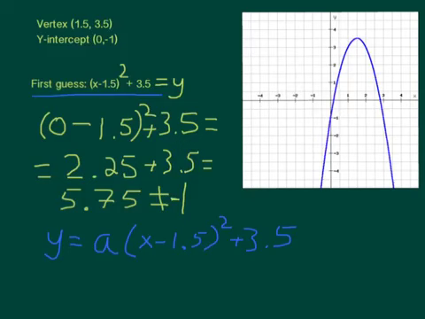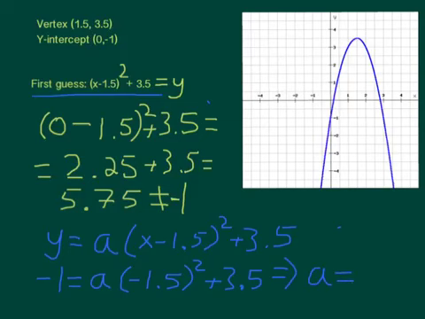So let's do that. -1 equals a times (0 - 1.5) squared plus 3.5. After working this out, a equals -2.